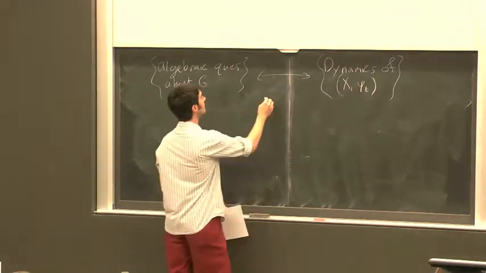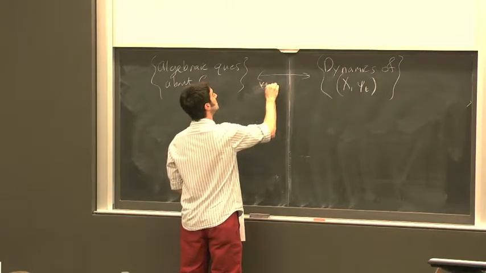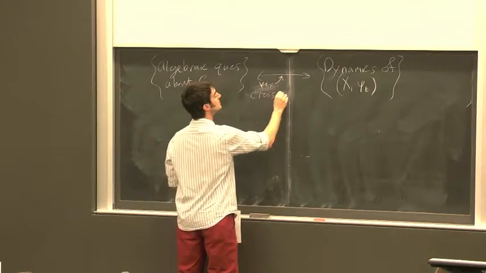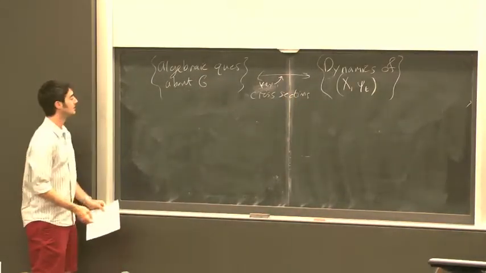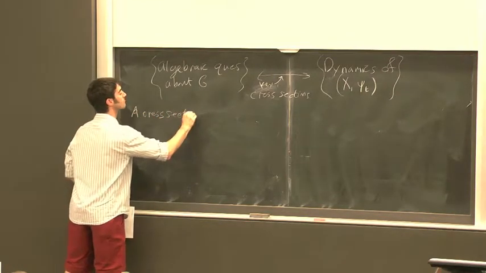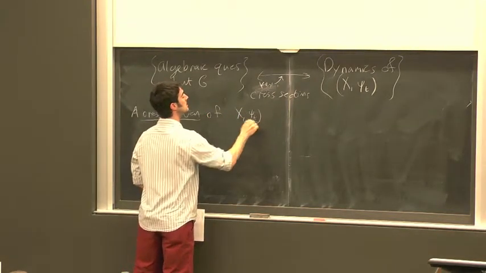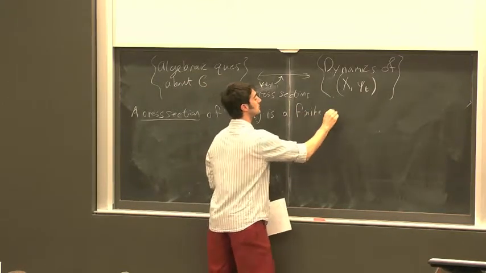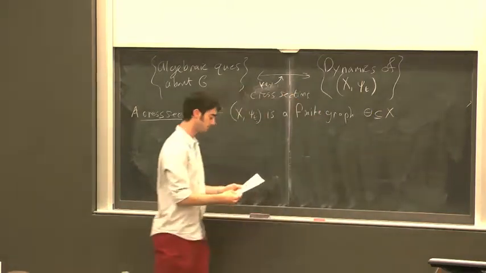The key relationship, in my mind, is cross sections. So let me tell you what a cross section of this dynamical system is. A cross section is a finite graph sitting inside of X, which I'll call theta.